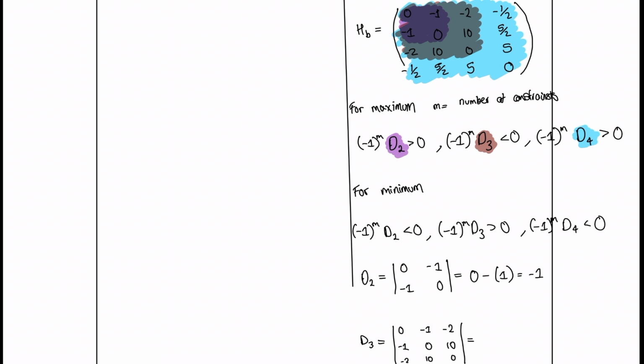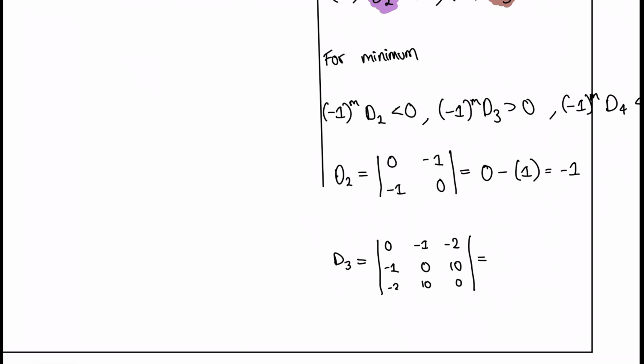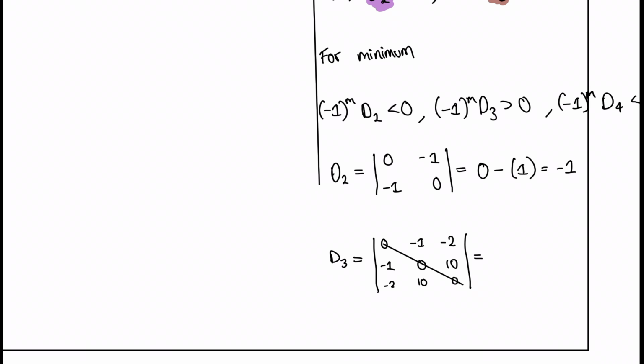To work out the determinant of this matrix, we can do 0 times 0 times 0, which is 0, and then minus 1 times 10 times minus 2, which is plus 20, and then minus 2 times minus 1 times 10, which is, again, plus 20.